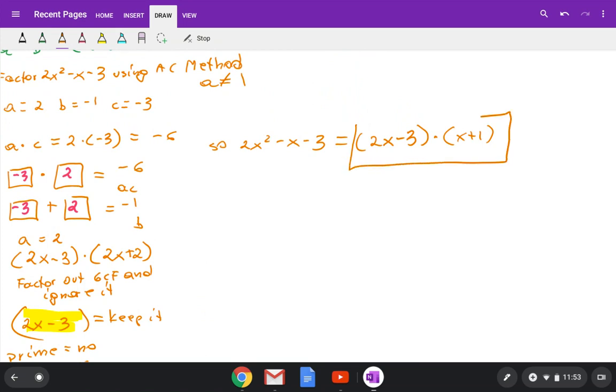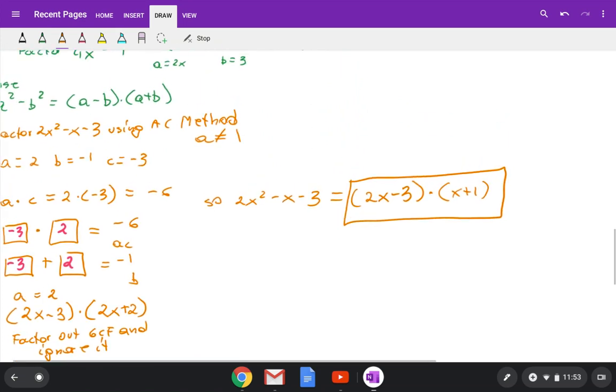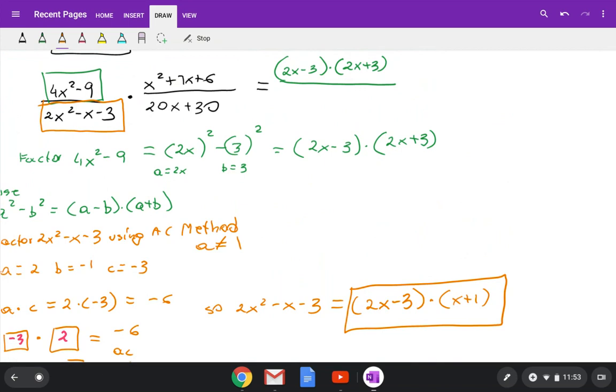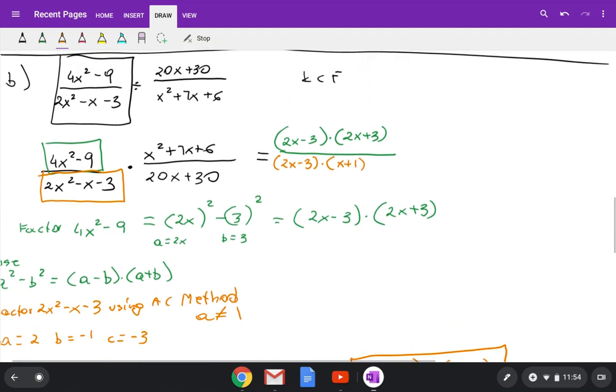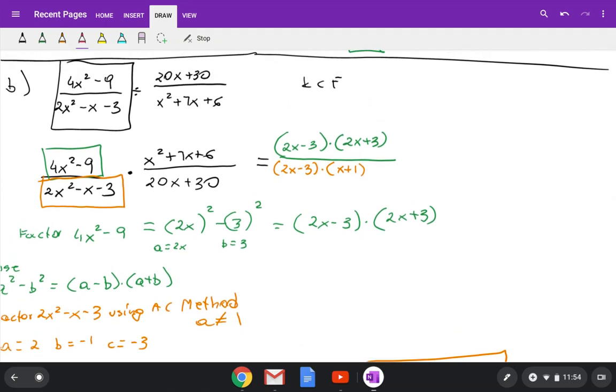So let's go back to the original problem. And again, 2x squared minus x minus 3, we're going to rewrite as 2x minus 3 times x plus 1. So we have it. Next, okay, here we go.